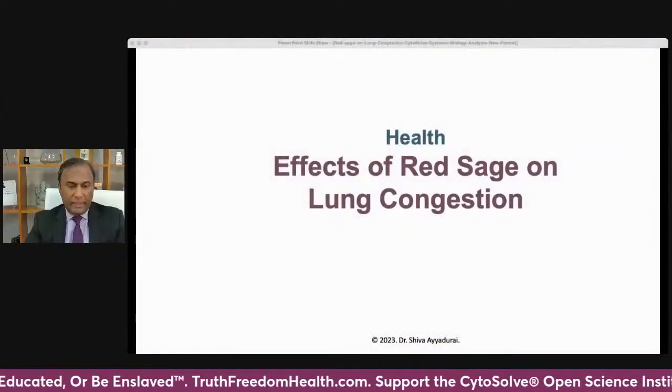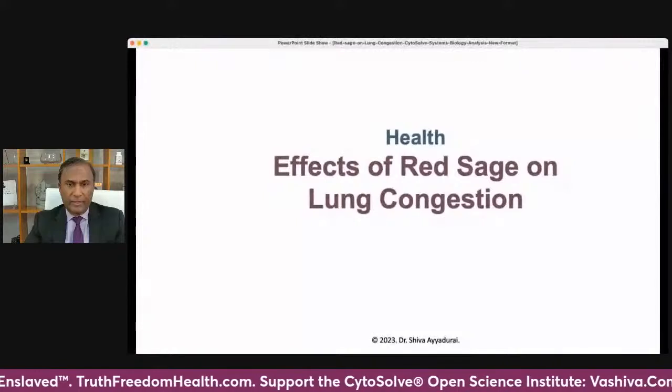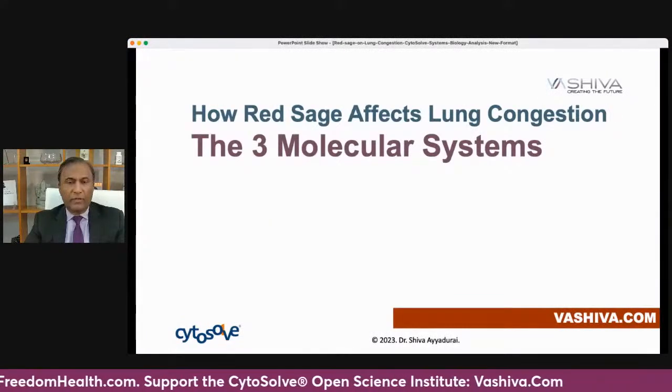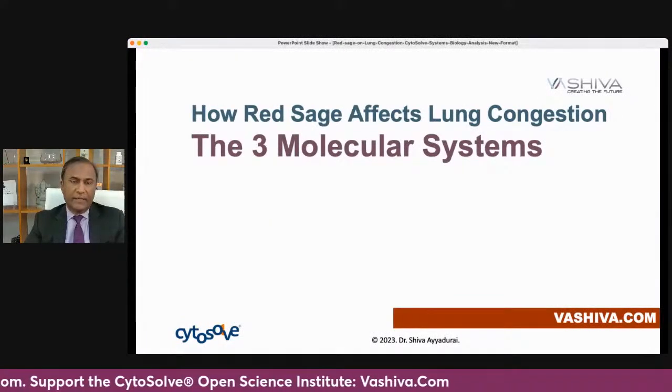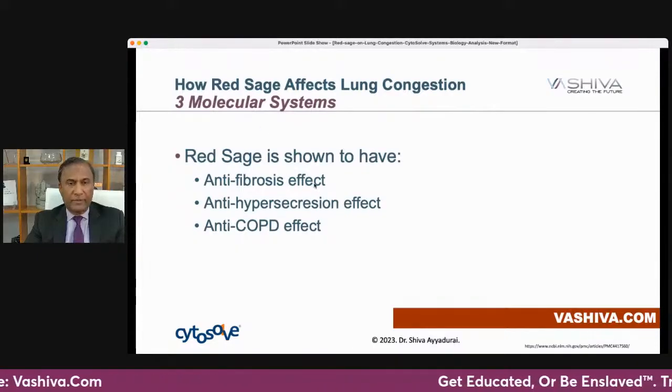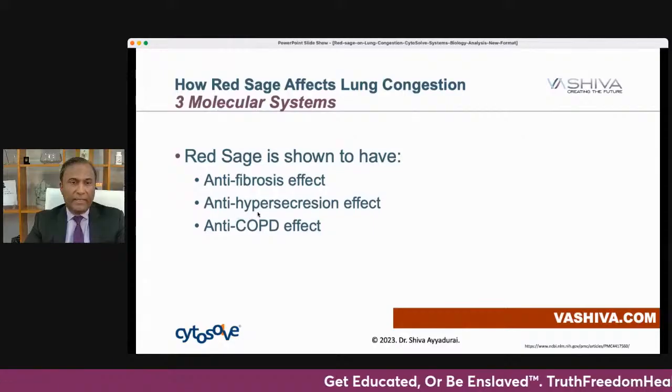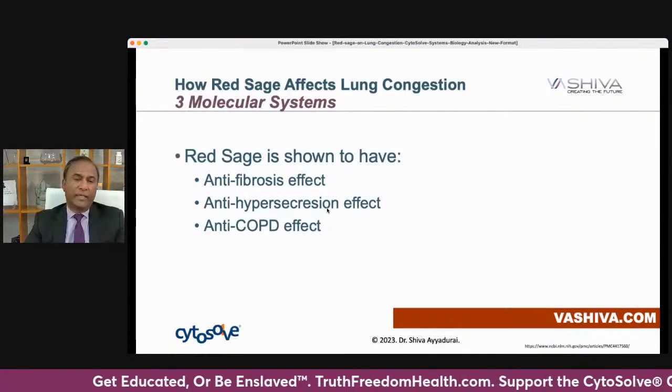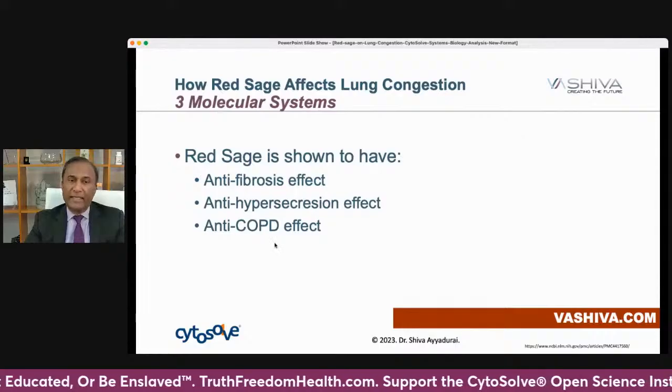There are 3 molecular systems that get affected by red sage. Red sage has been shown to have an anti-fibrosis effect, which means it reduces scarring, an anti-hypersecretion effect, so your body doesn't put out all this mucus, and anti-COPD effects.